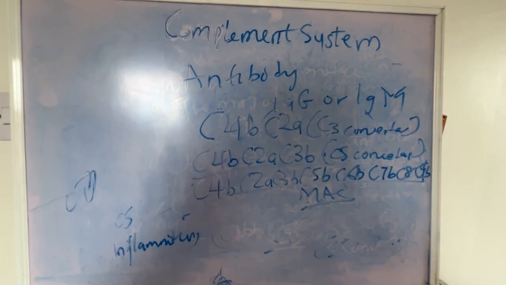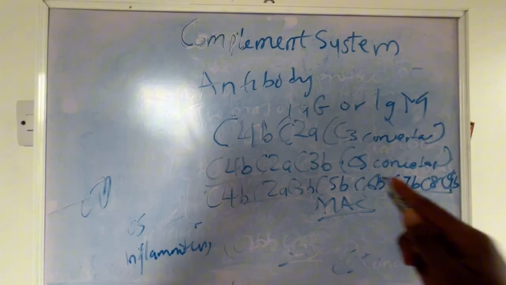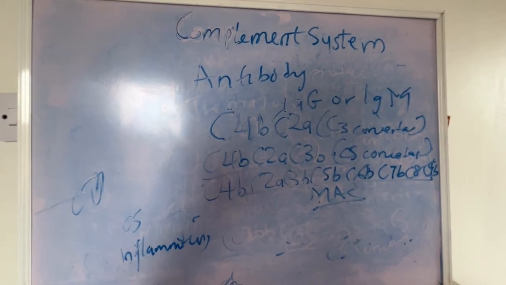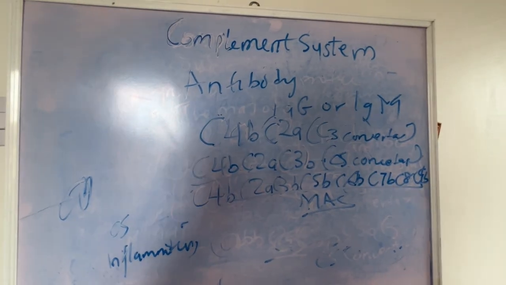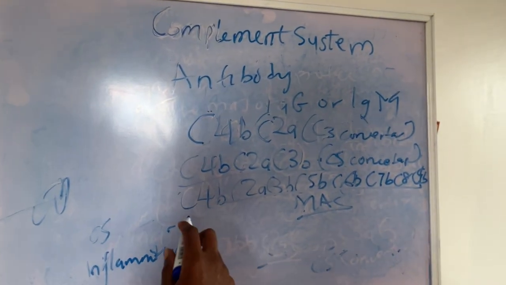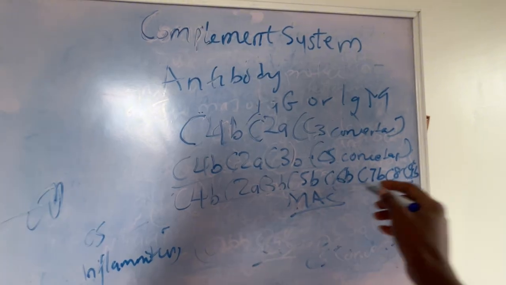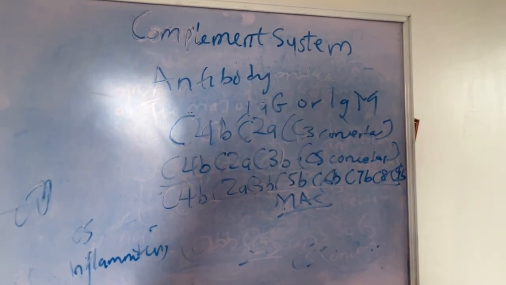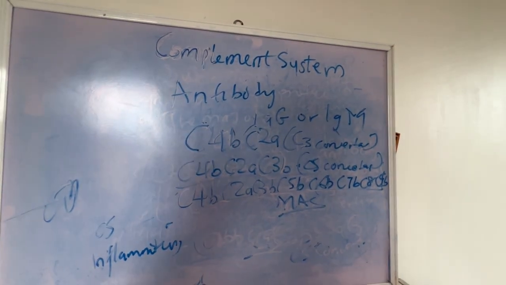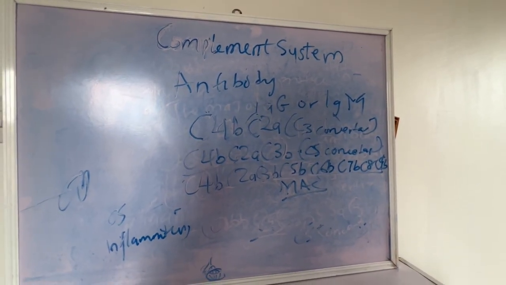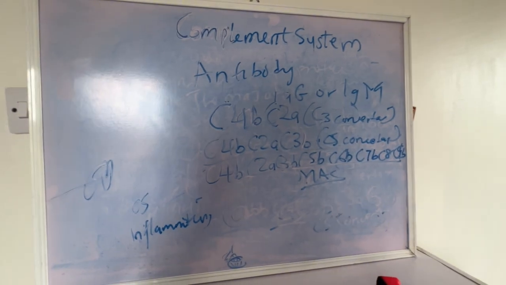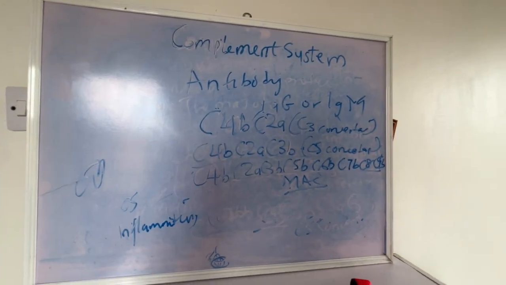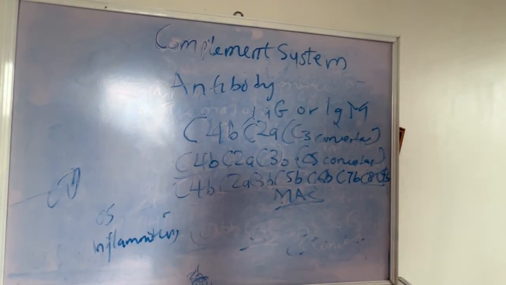So regardless of what activates it, once it gets to the activation of C3, the reaction becomes the same for all of the pathways, because the ultimate goal is one: to form the membrane attack complex, which is to puncture holes in the membrane of the pathogen. So you understand now that the complement system is a part of the innate system and also contributes to adaptive immunity.